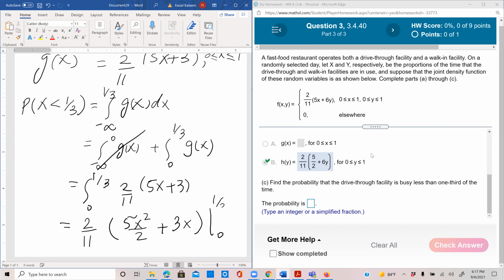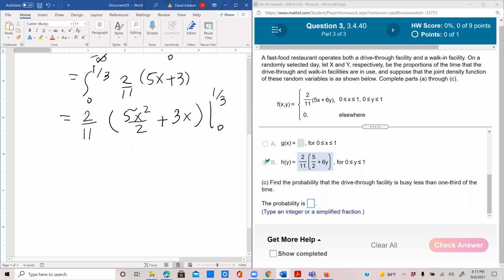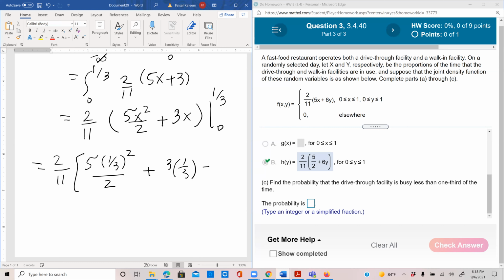0 to 1/3 equals 2/11 times, 5 times 1/3 squared by 2 plus 3 times 1/3, and the lower limits will be 0 because x is 0. The lower limit, and both of these terms will become 0 when you substitute 0.